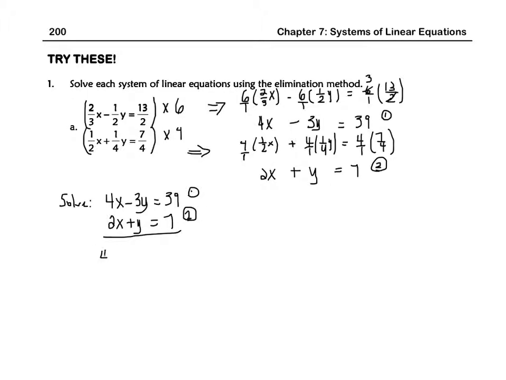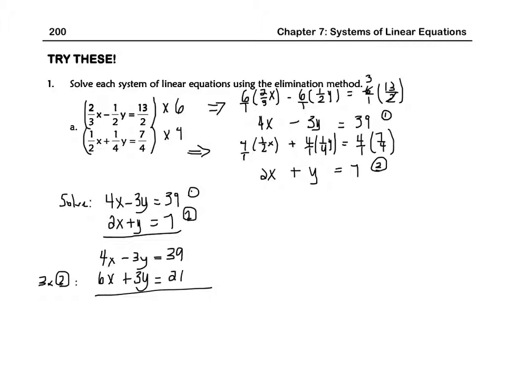So the first equation stays the same. And the second equation is going to be 3 times the second equation, which is going to be 6x plus 3y. Now I have opposite coefficients in front of my y. And don't forget to multiply 3 by the 7, which is going to give you 21.